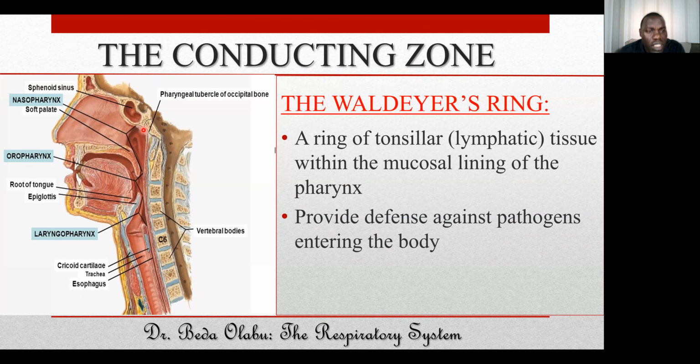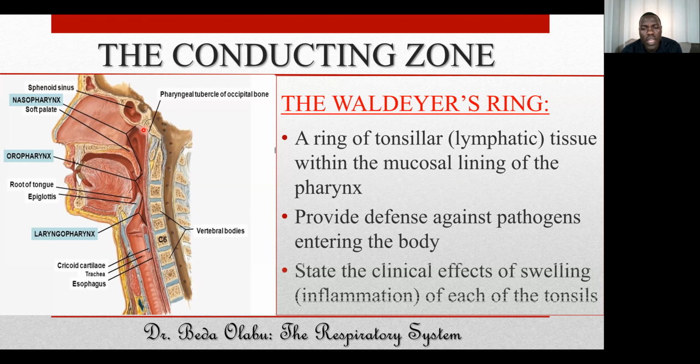I want you to look at its anatomical location and think through what would happen to it if it is inflamed. So if it is inflamed, remember, lymphatic aggregations usually enlarge when they're inflamed. So it will enlarge this way. Having said so, you realize that if it is inflamed, it will block the upper airway.